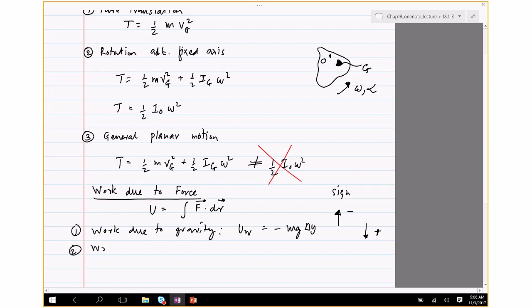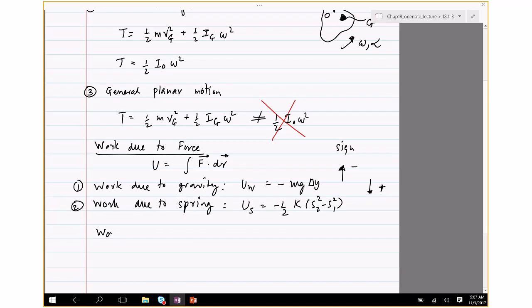Then there's work due to a spring. I'll write it as US, and we've seen that that's always minus half k times the stretch in the spring squared. And the new thing here is work due to a moment. For a particle, there is no moment because there's no rotation, it's in translation.